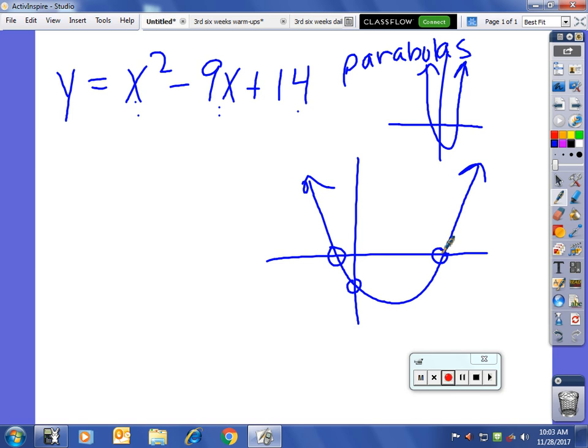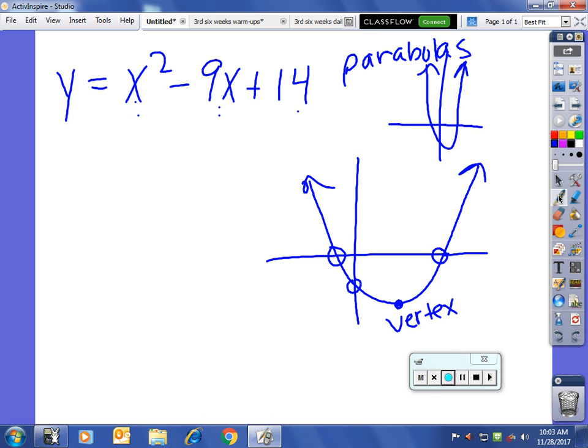Anything else? The end, okay, or the lowest, or this is sometimes called the vertex, the turning point, the minimum. In some cases, it's a maximum point because it might be at the top, either the bottom or the top, depending on what kind of parabola you're looking at.